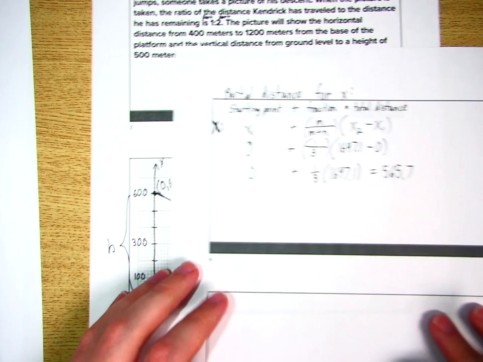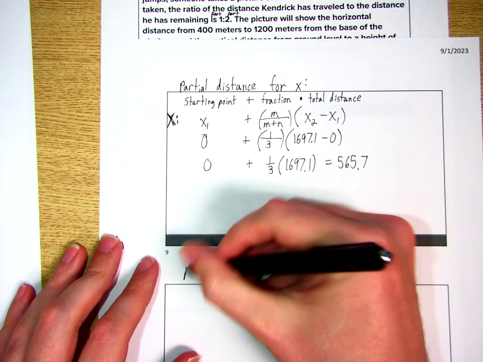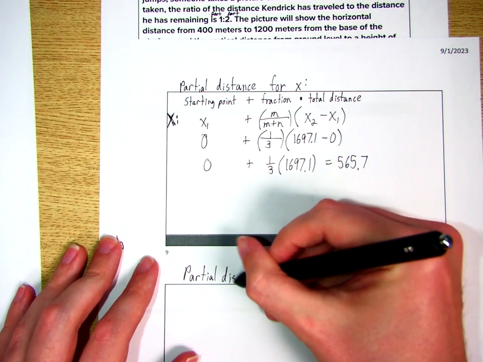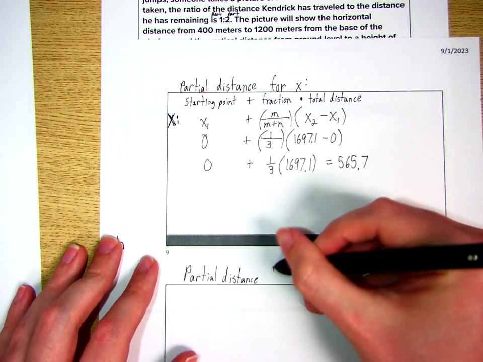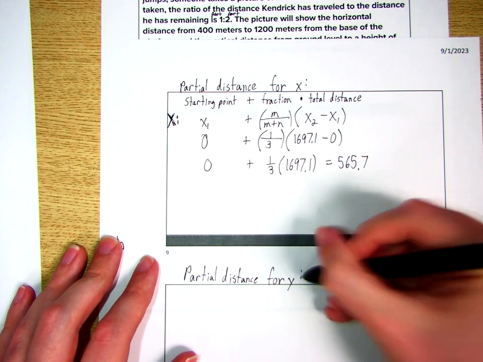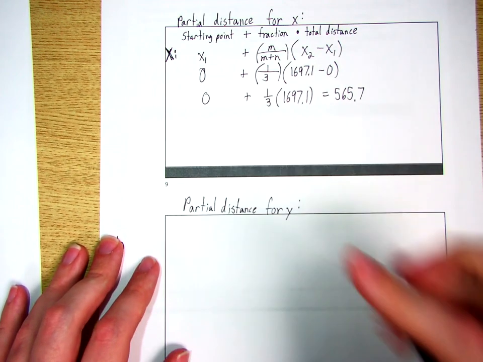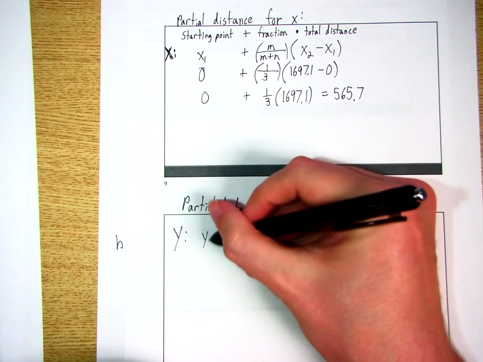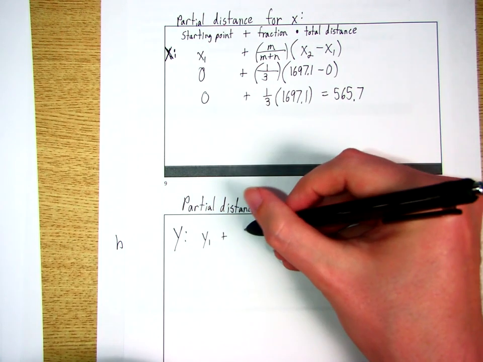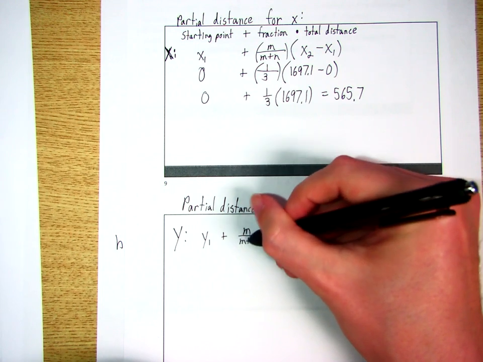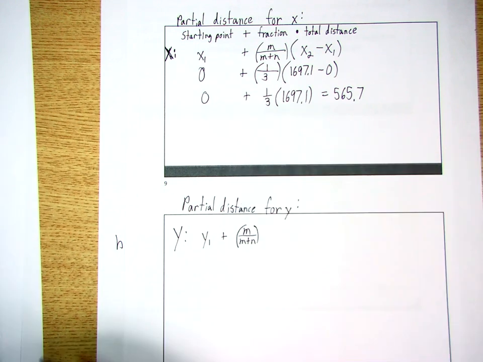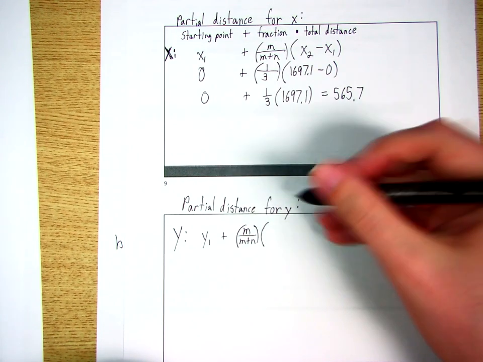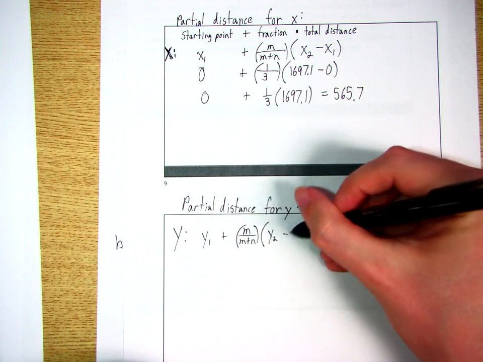We're going to repeat the same process for the y's. A little bit faster now. For our y's, we're going to need to know the starting y value. We're going to need to know the ratio m over m plus n. Notice the ratio is going to stay the same from the x's to the y's. And then we need to know the distance between the y values, y2 minus y1.